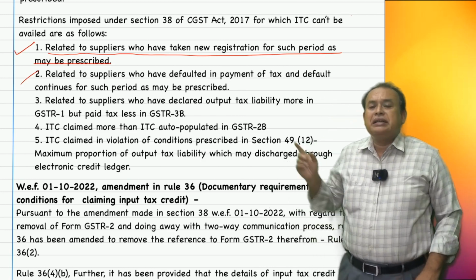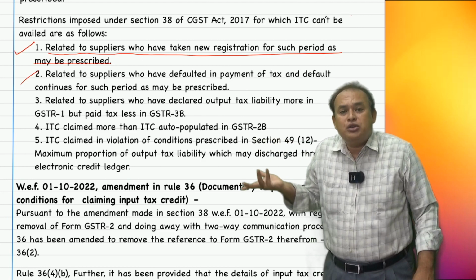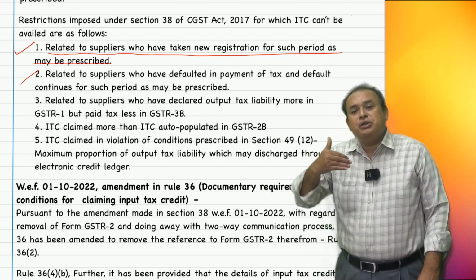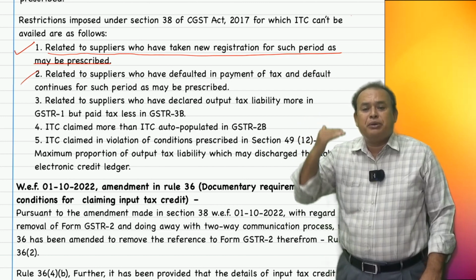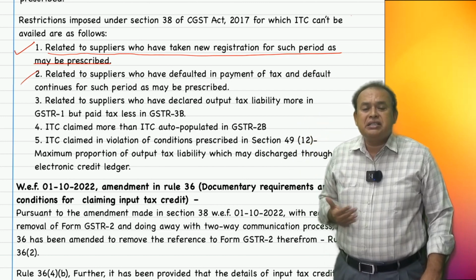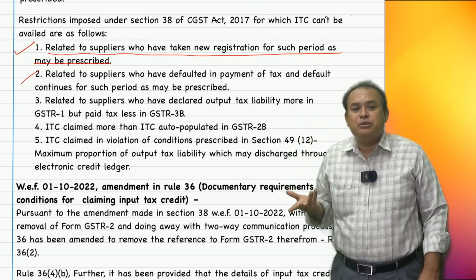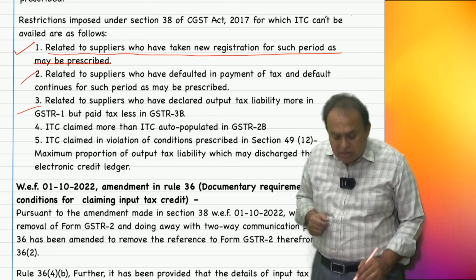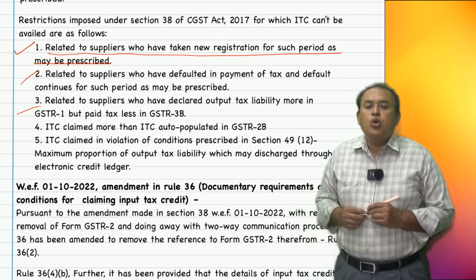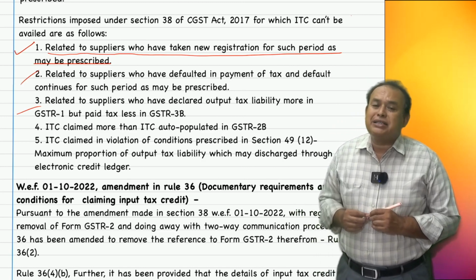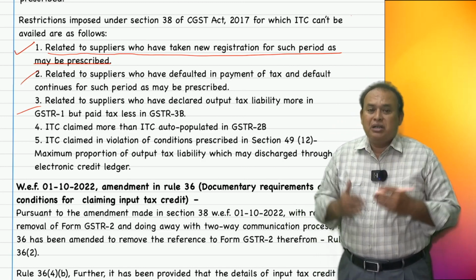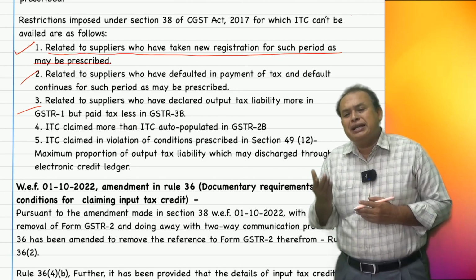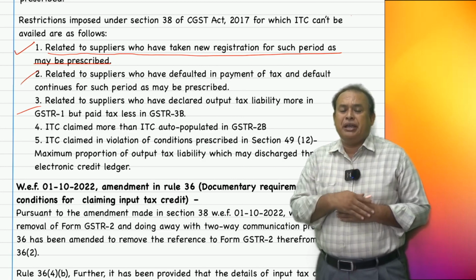Therefore, in the given case, a supplier who defaulted in making the payment of tax, and the default continues for a period of time, those persons are not eligible to avail the input tax credit. Further, it relates to suppliers who have declared output tax liability more in GSTR 1 but paid less tax in the GSTR 3B.